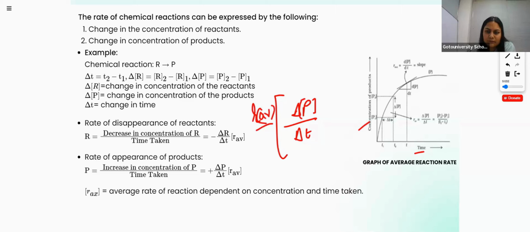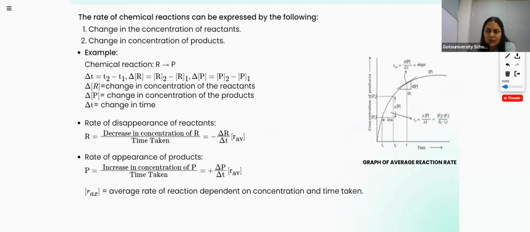We can find the concentration change between these 2 points by subtracting the molar concentration of product, final minus initial concentration, right?